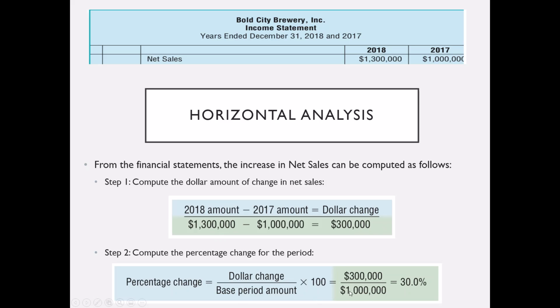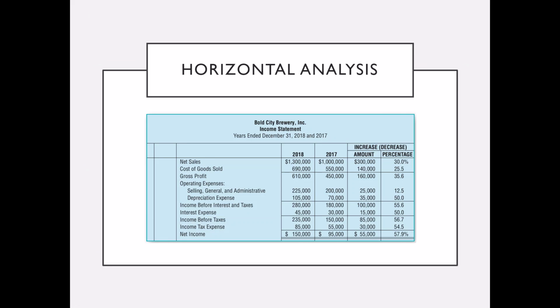So 300,000 divided by 1 million is a 30% change. You'll always use the older year as the base year to find out what the change was. And this is horizontal, because now we are looking year over year to find out what the difference is. For cost of goods sold in 2017 it was 550, then it became 690. So the percentage change was 25.5.